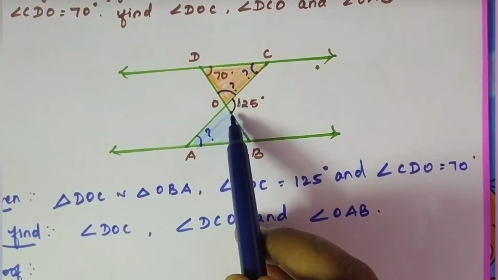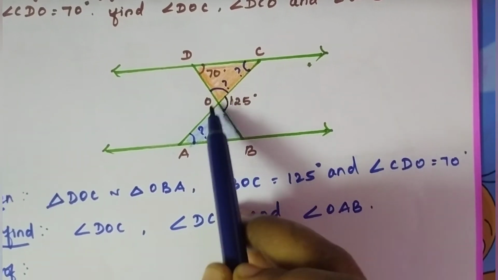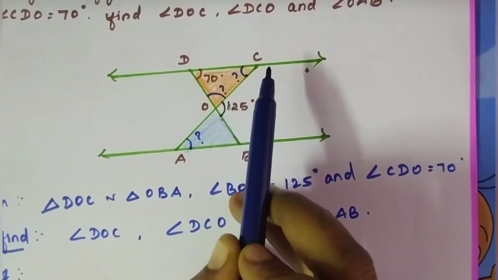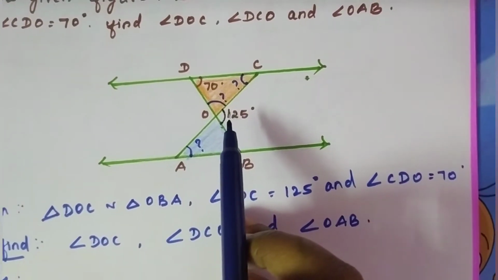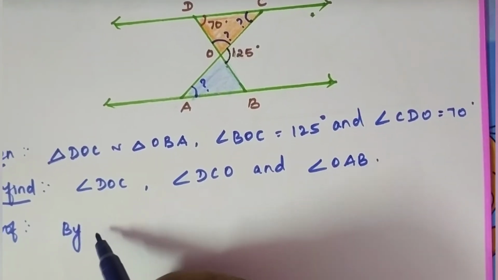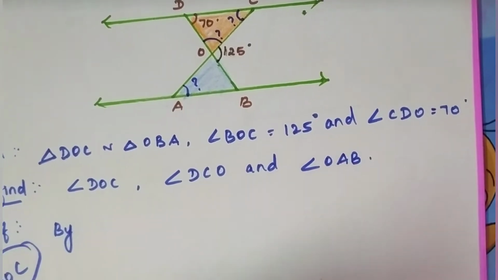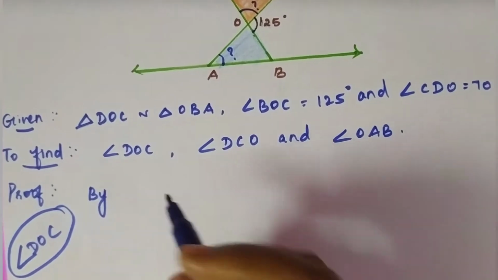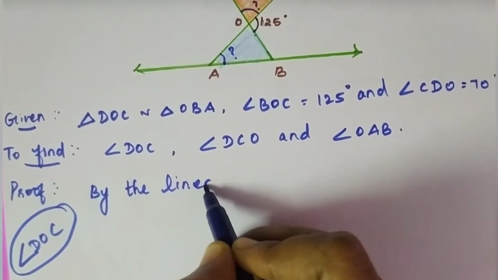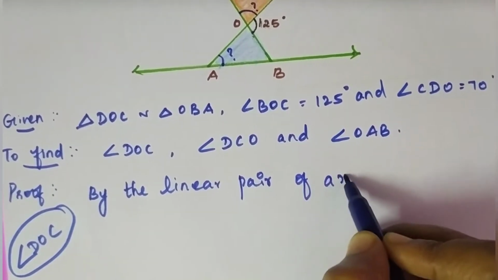Half portion is 125 degree, so you can easily find the remaining portion. By applying the linear pair axiom, I am going to find DOC first.